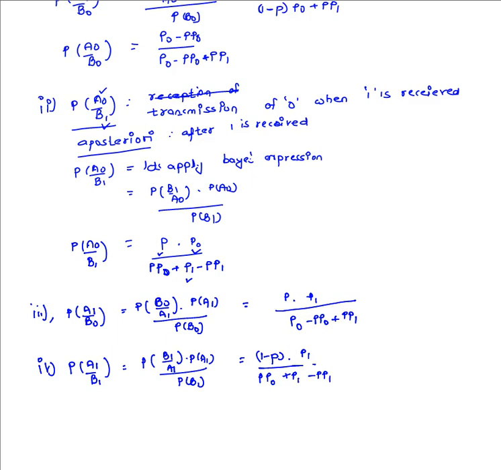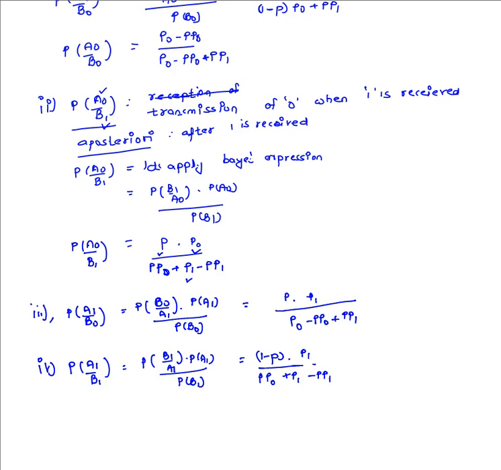This P of B1 we calculated using the total probability. That means B1 was written as B1 intersection A0 plus B1 intersection A1, and taking probabilities on both sides, P of B1 is the probability of B1 intersection A0 plus the probability of B1 intersection A1, which are found using the conditional probabilities.